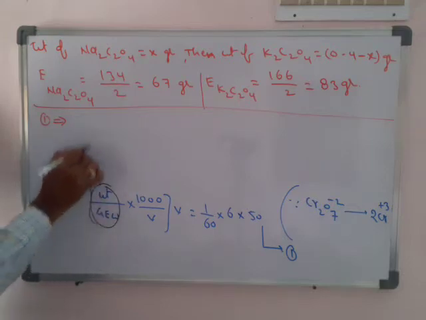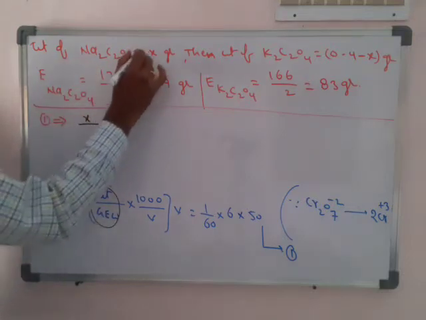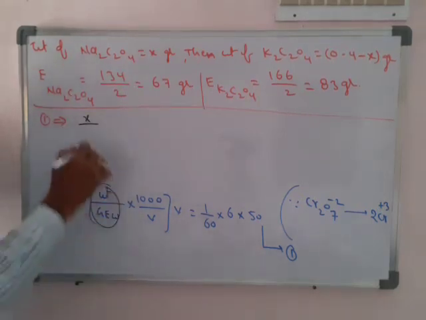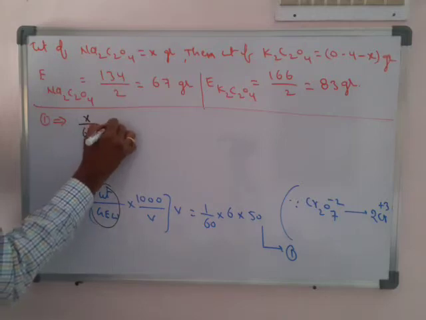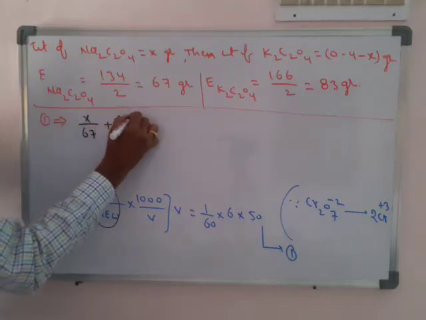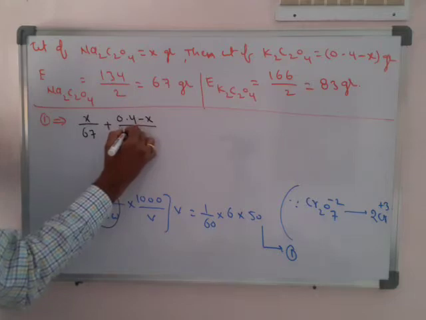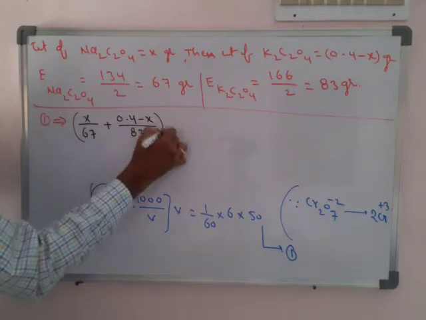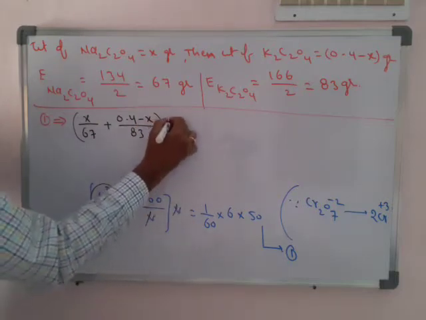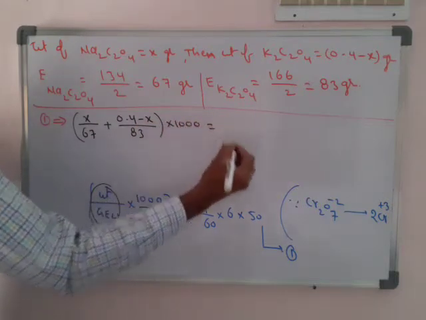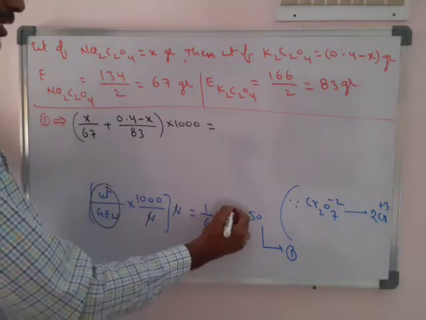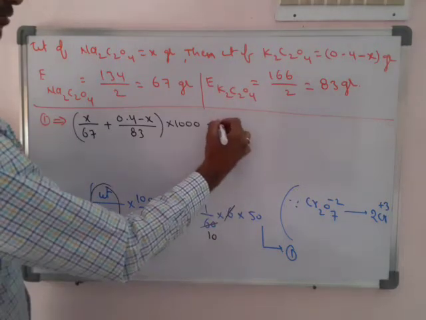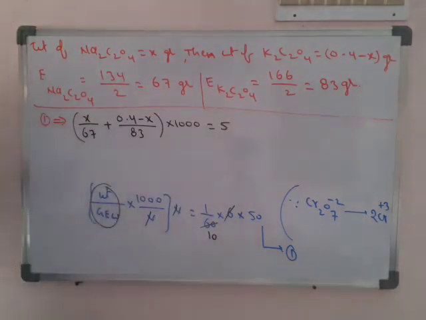Weight by equivalent weight of the two compounds: x by 67 plus 0.4 minus x by 83. The 1000 gets cancelled on both sides. So again I have to calculate x.